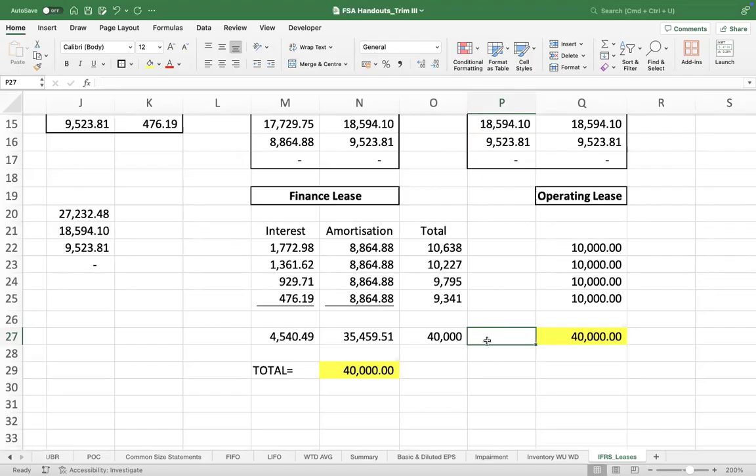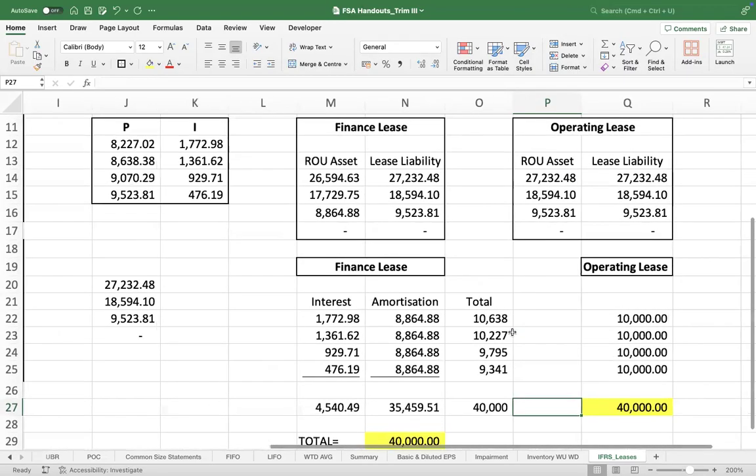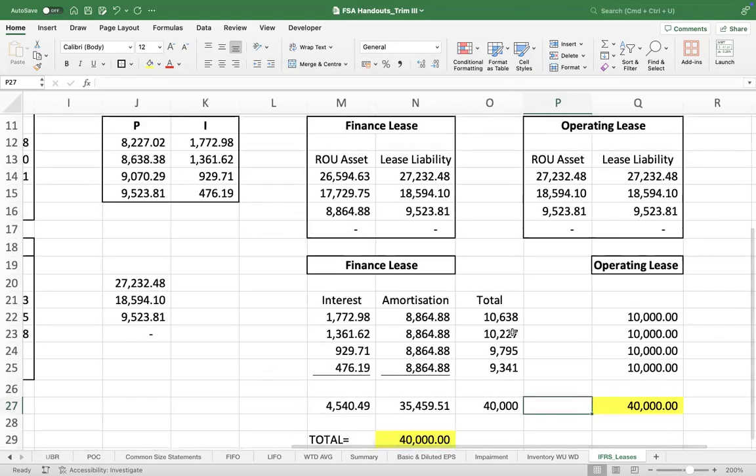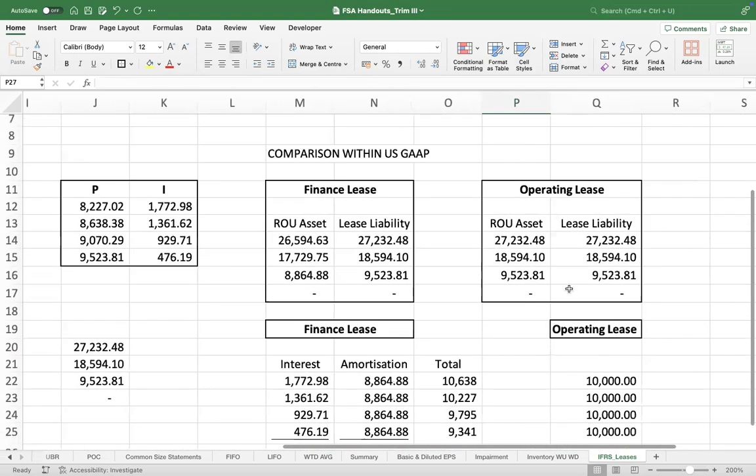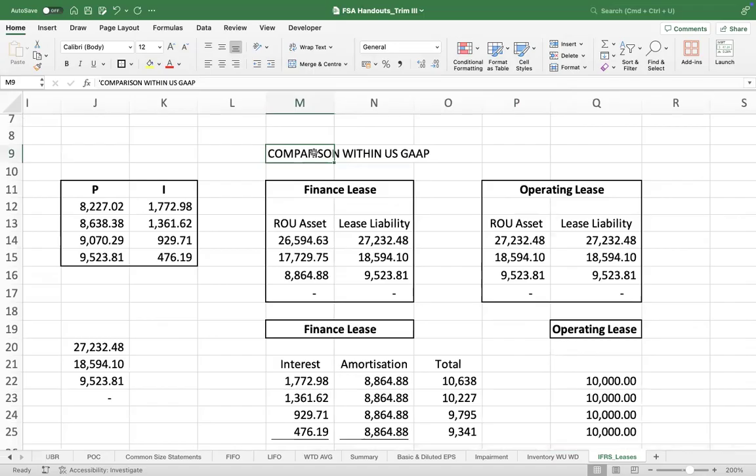But in operating lease, you are transferring the entire cost as lease rental payment. But दोनों में 40,000 का ही outflow है. Are you getting it? Any कोई भी method use करो, it will be same. Yes, 100%. Because even the depreciation remains the same.